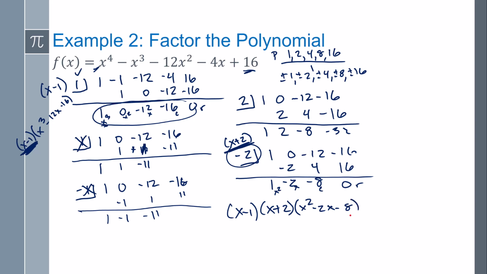And that's quadratic, so I can factor that further, a times c. So x minus 4, x plus 2. So rewriting that, my factored form, I have 2 of these. So I can say x plus 2 squared times x minus 1 times x minus 4.